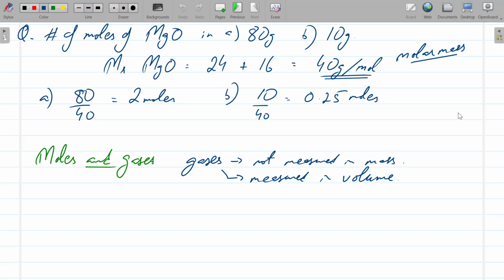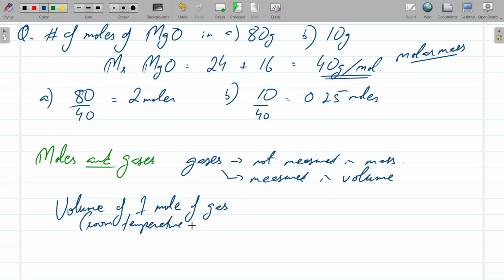And so scientists also take into consideration, what's the volume of 1 mole of gas? How much three-dimensional space will 1 mole of gas occupy? And the condition is that it should be at room temperature and pressure. So room pressure is 1 atmosphere, so that's atmospheric pressure.